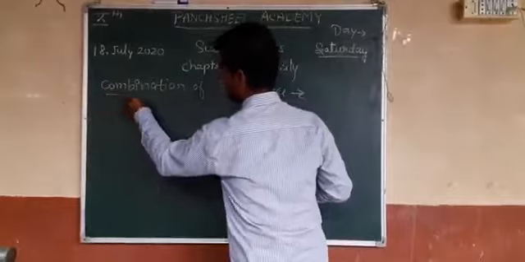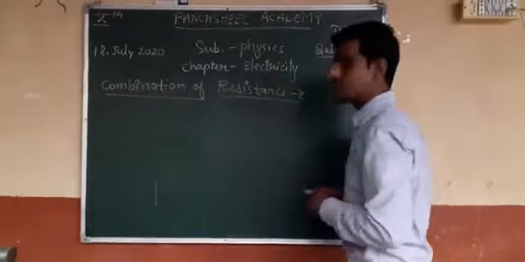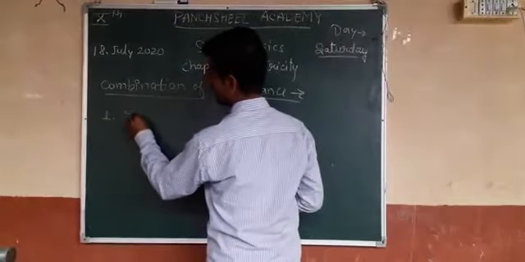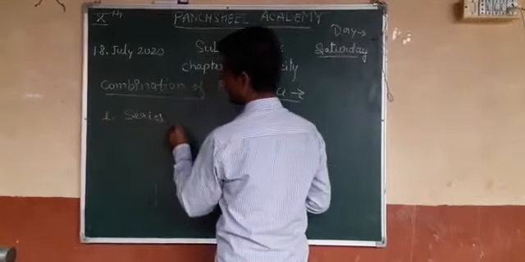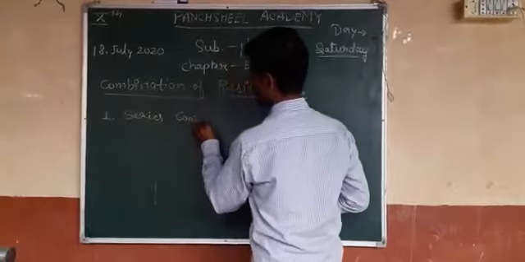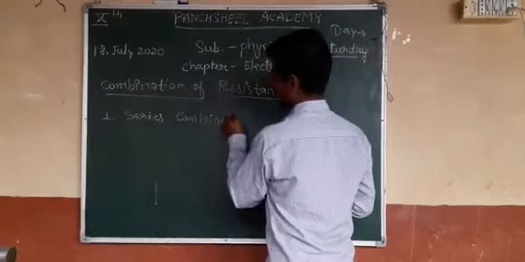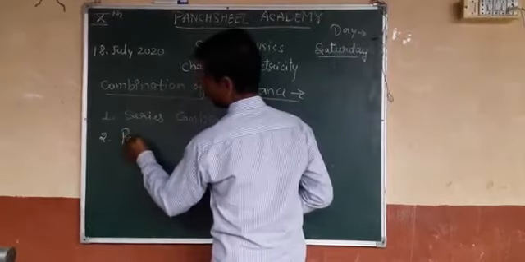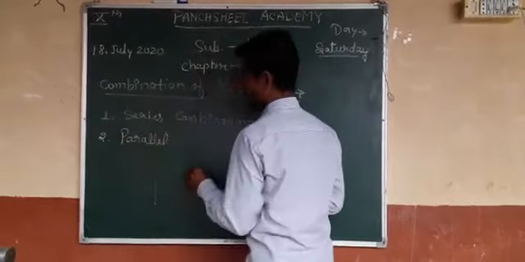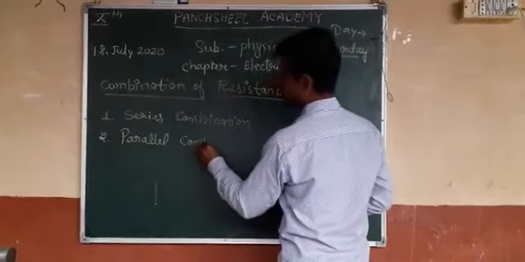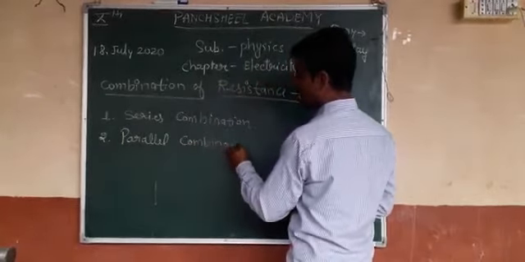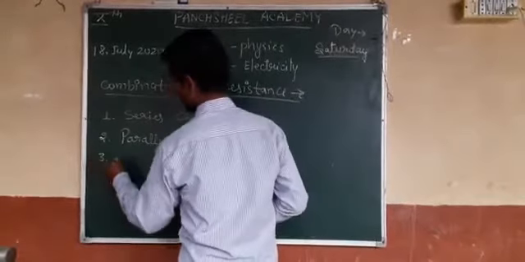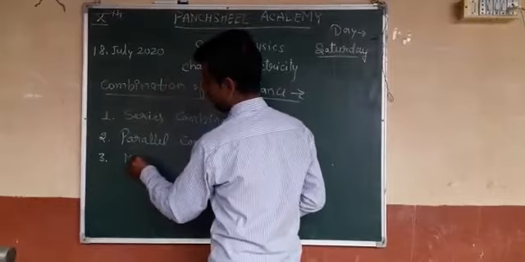In our next topic, the combination of resistances, there are two combinations. The first combination is series combination, and the second is parallel combination. And one more combination, the mixed combination.